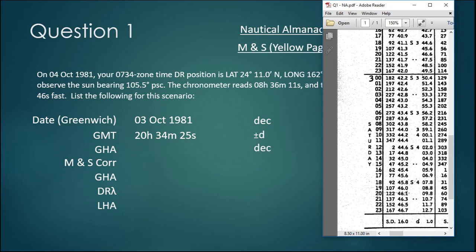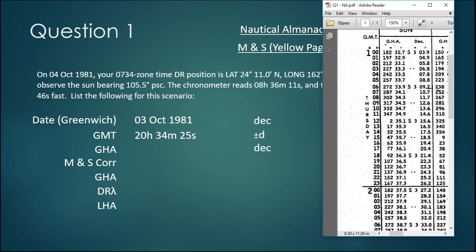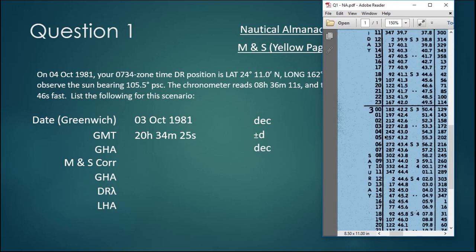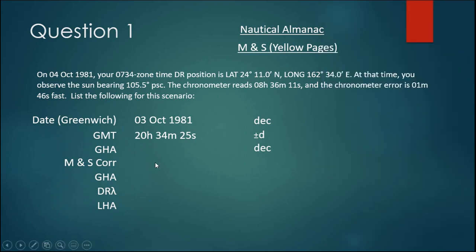And if you look right here at 20 hours, it gives us a Greenwich hour angle of 122 degrees, 46.1 minutes. This column right here, sun, Greenwich hour angle. So that's what we're after right now, the Greenwich hour angle at 20 hours. We get that from the 20 hours Greenwich Mean Time. 122 46.1. So let's go ahead and plug that in.